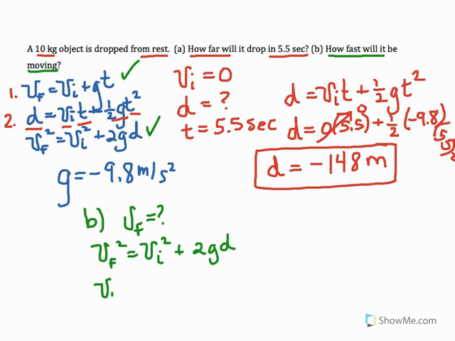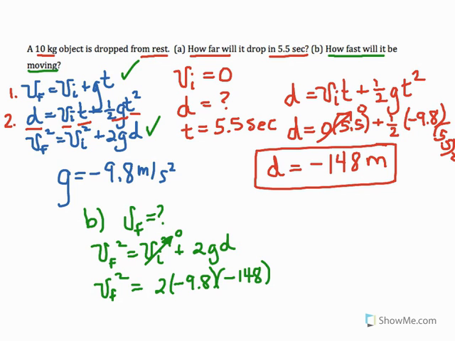I'm looking for the final velocity. My initial velocity is 0, so I can take that term out. I'm going to take 2 times negative 9.8 times the distance, which we just found to be negative 148.